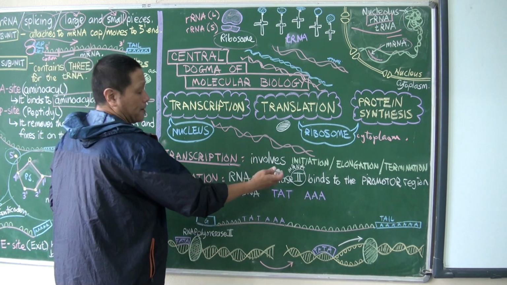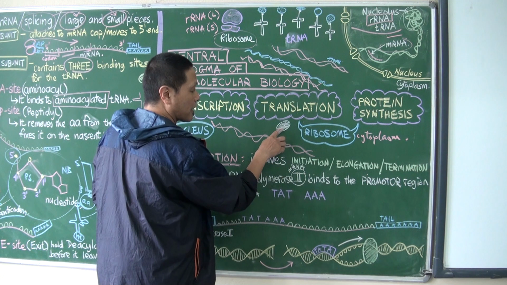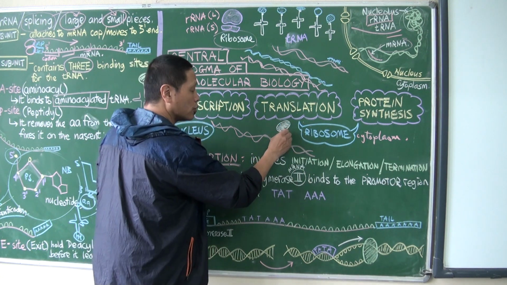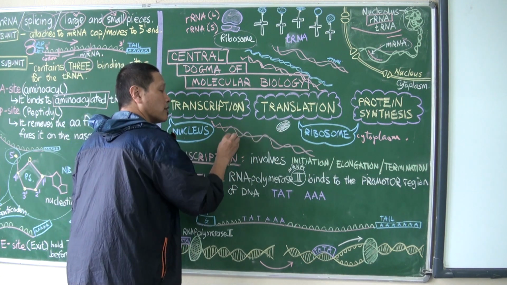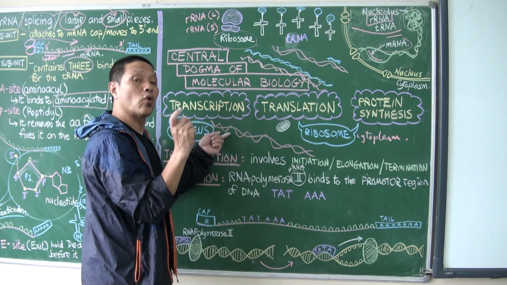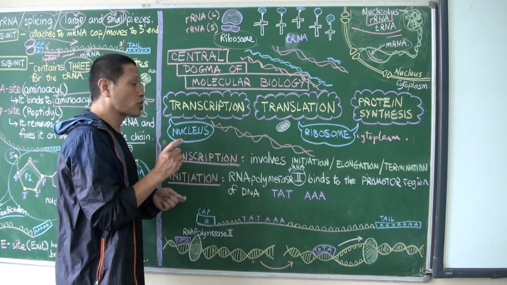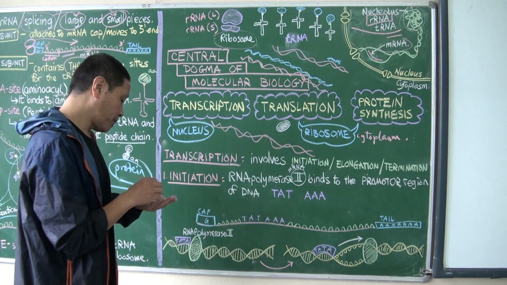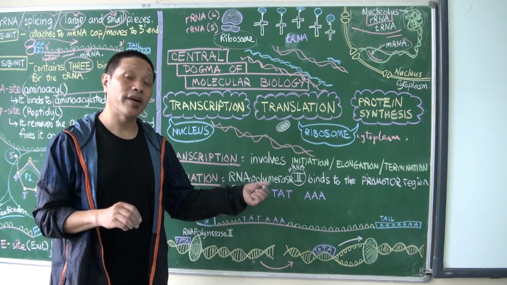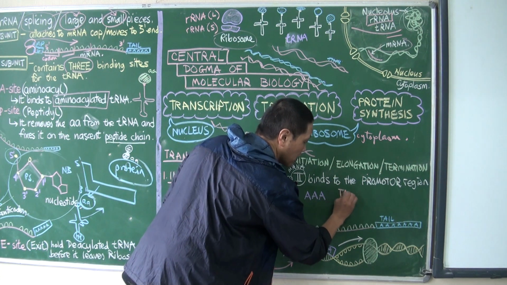So when this enzyme, RNA polymerase II, comes and fixes itself on the DNA that needs to be copied, it needs to know which portion needs to be copied. In order to do so, there has to be a code which the RNA polymerase can read. It's called the TATA box.